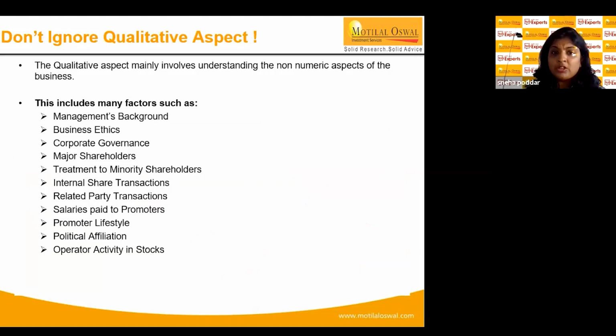And along with all this, one should really pay attention to the qualitative aspects, for example, how the management of the company is, because that plays a very, very important role. If the management background is not good, then they can really fudge the numbers. They can play along because they can do a lot of window dressing.